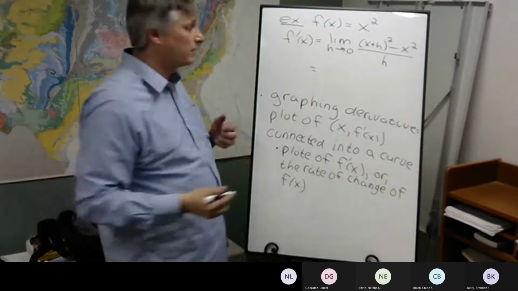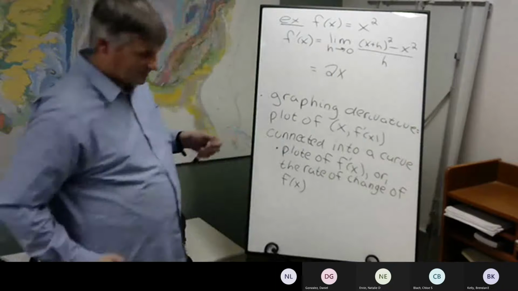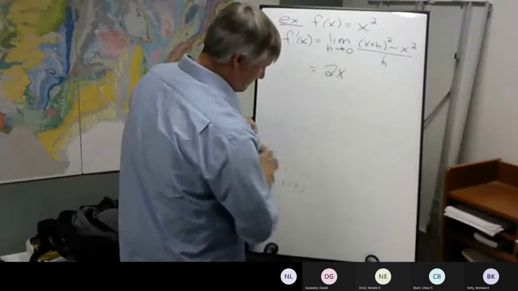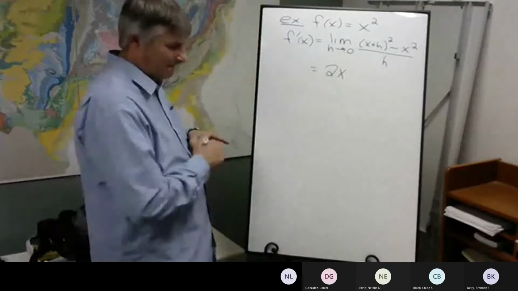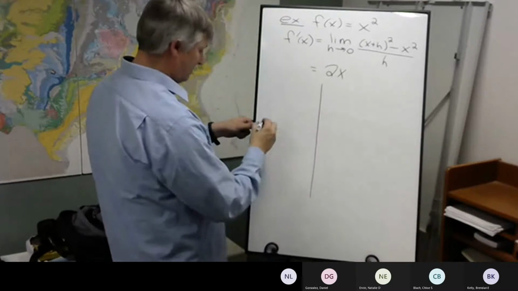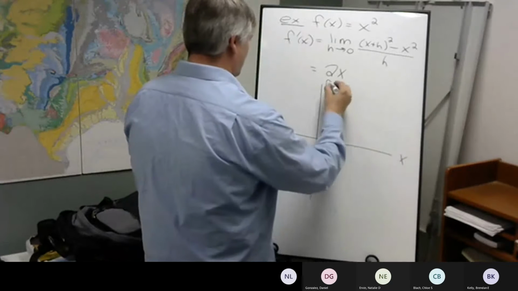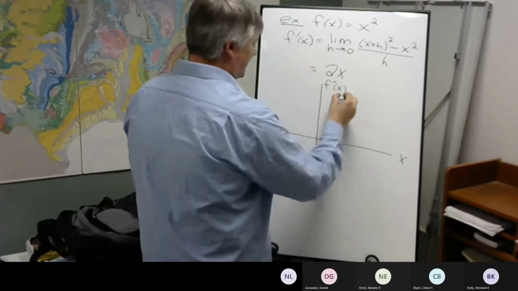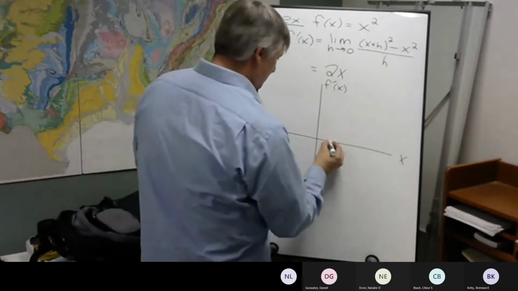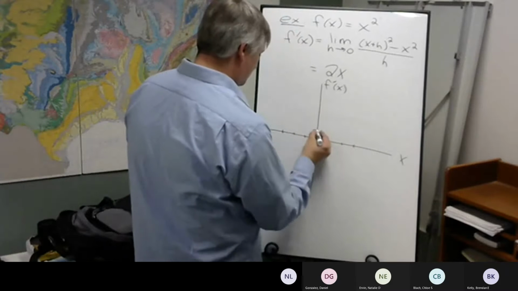If we simplify this down, what we're going to get is 2x. So on this axis, we're actually graphing the derivative. So we have 1, 2, 3, 1, 2, 3.